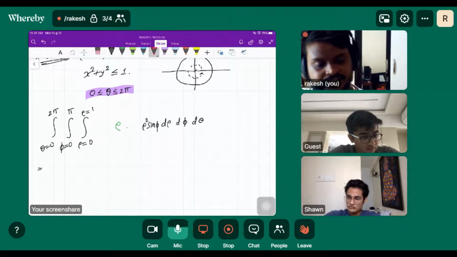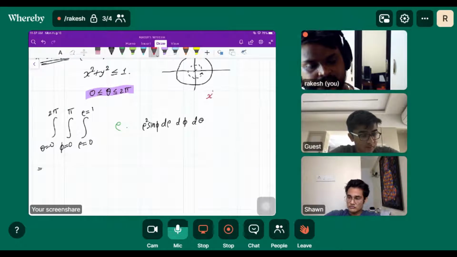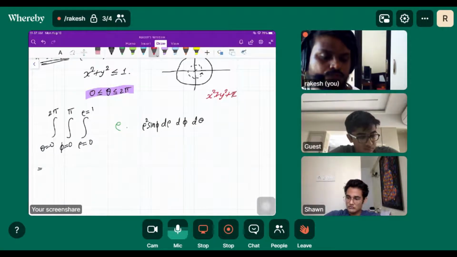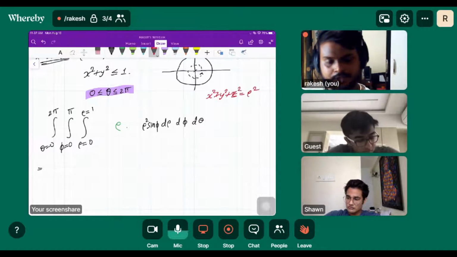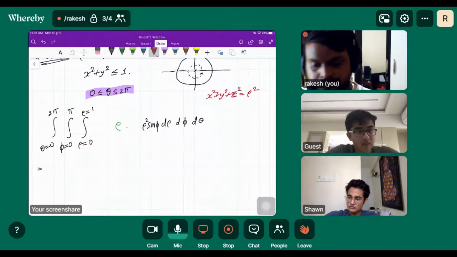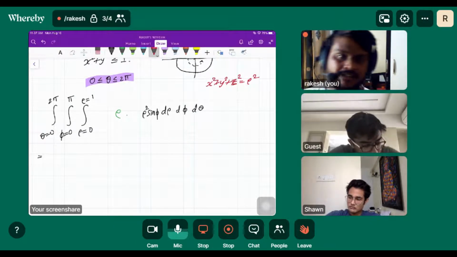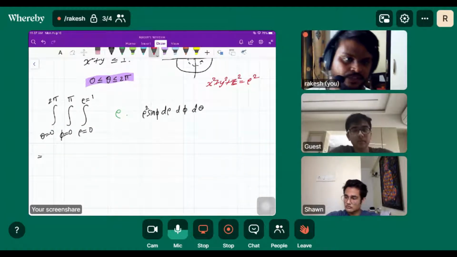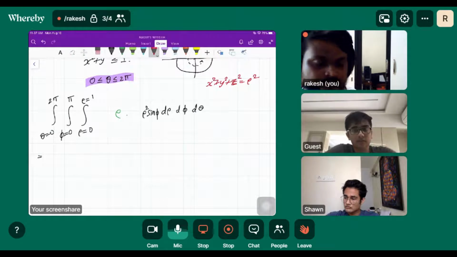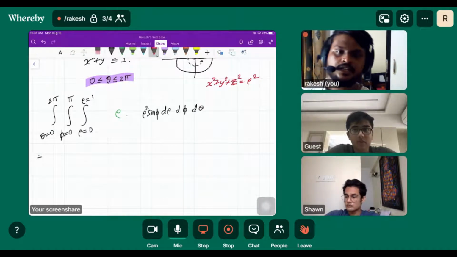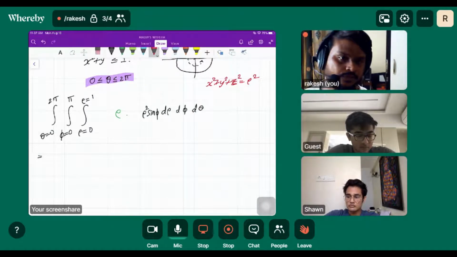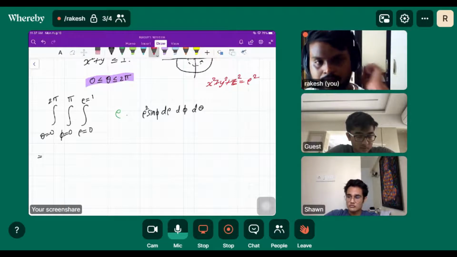You can provide the reason here, that x square plus y square plus z square is equal to rho square. Now I think you can definitely crack this integration. If you had used the rectangular coordinate system, it would be like hell. We are not able to do that.